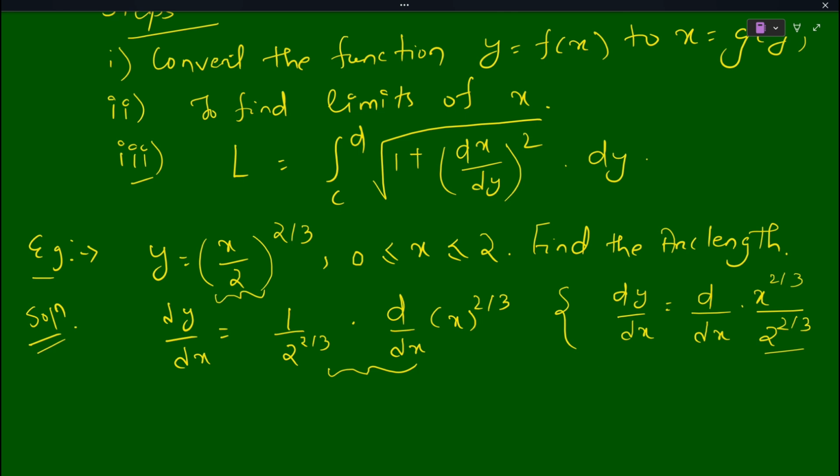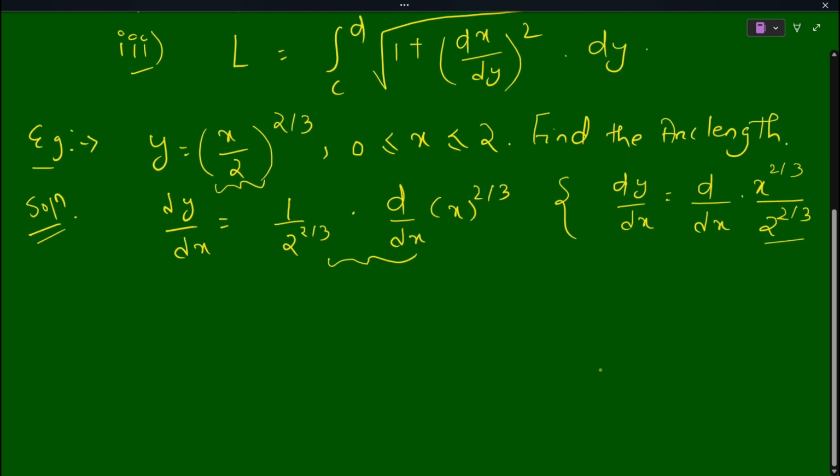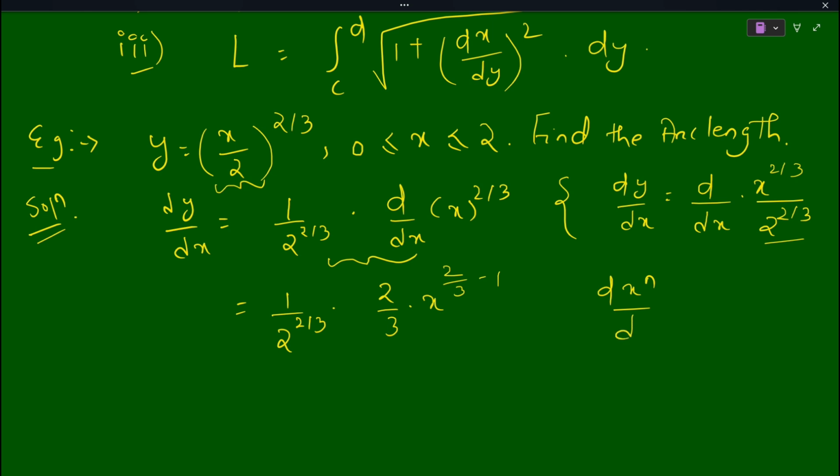Now let's solve further. This is 1 by 2 to the power 2 by 3, and this is the derivative of x to the power 2 by 3 with respect to x, which will be 2 by 3 into x to the power 2 by 3 minus 1. Here we are using the formula that the derivative of x to the power n with respect to x is n x to the power n minus 1.